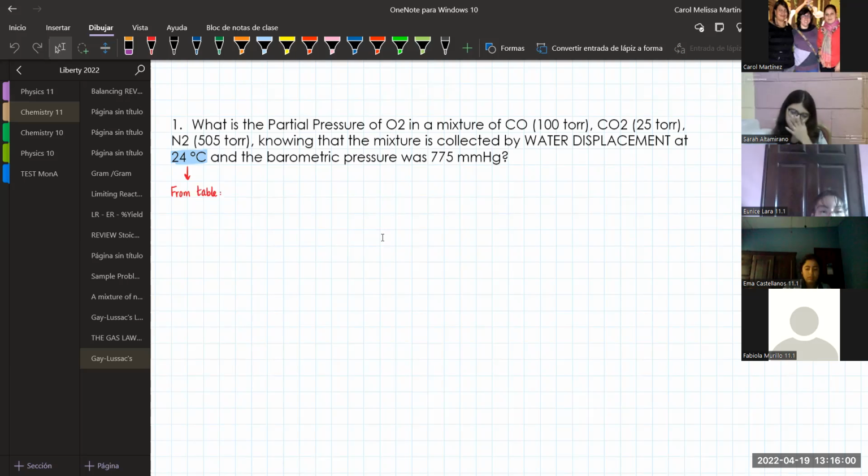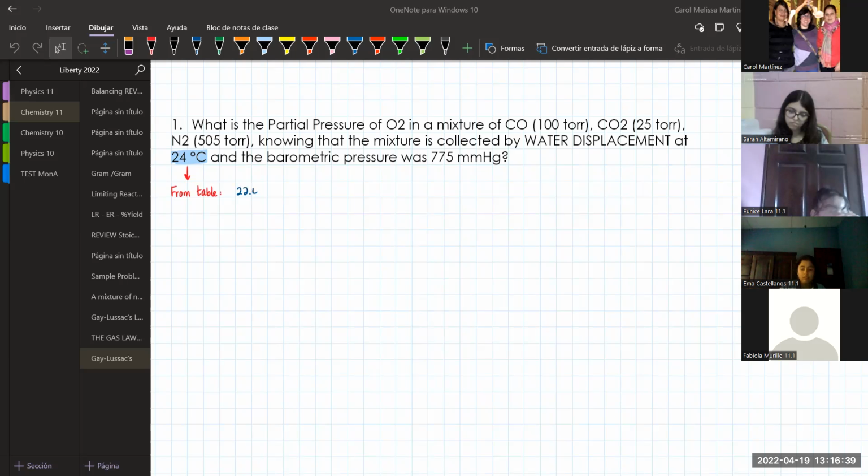From the table, we obtain that the pressure of water vapor at 24 degrees Celsius is 22.4.